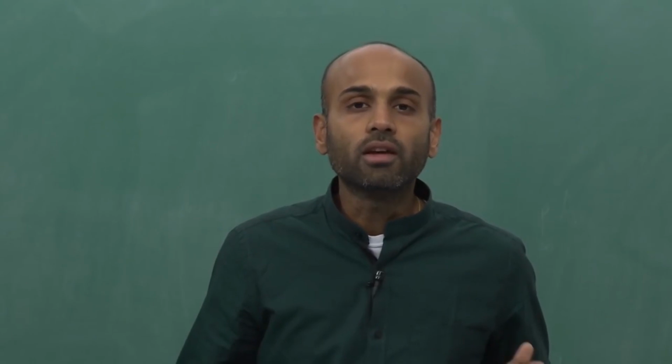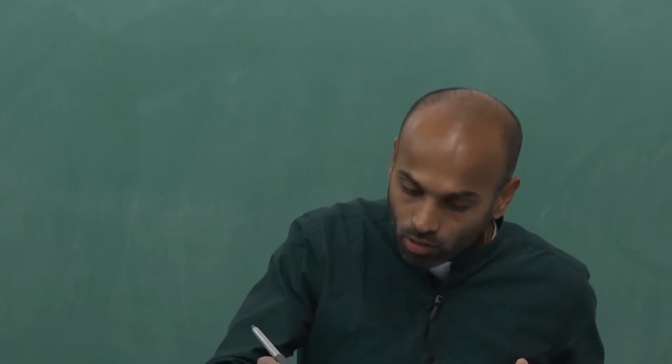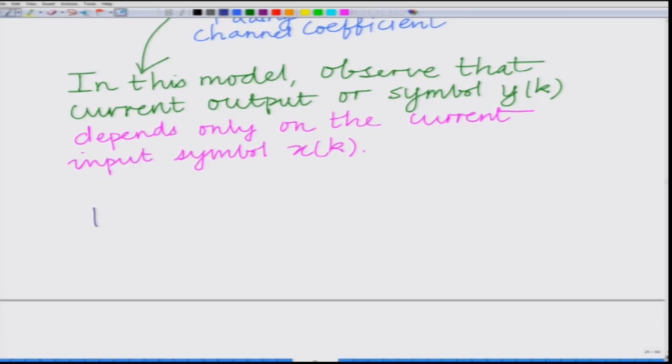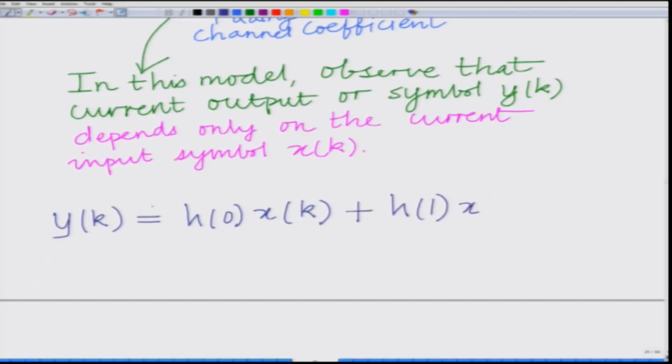However, we might frequently have another scenario which is an undesirable scenario, in which the following occurs. Frequently it might happen that the received symbol Yk is given as H0 times xk plus H1 times xk minus 1 plus vk, which is the noise.